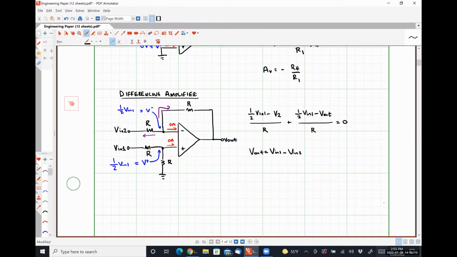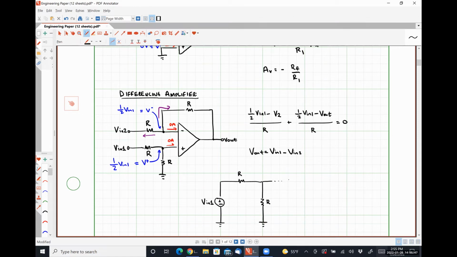Okay, so let me draw something here real quick. So we have a voltage Vn1 here with respect to ground. We have a resistor R here. We have a resistor R here.